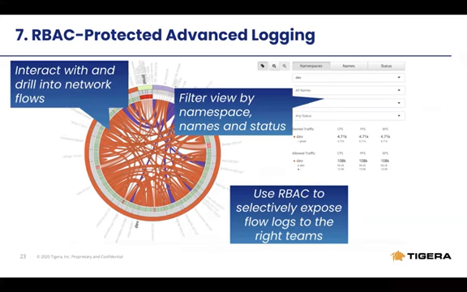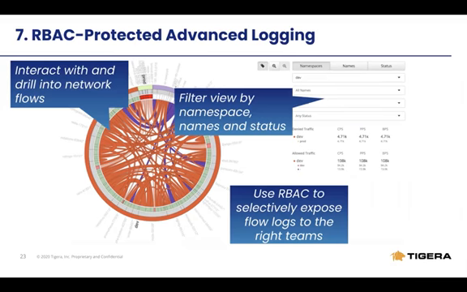So as an application owner or part of the tenant, if there is an issue with the application, and I want to understand the true reach of each of the services and how they interact with each other, or with other namespaces, or with other services internal to the cluster or external, this tool can truly help with that. But not only that, we provide RBAC-protected advanced logging, so you can provide Calico Enterprise access to each of the tenants, and they're protected by RBAC, so they can only see what their namespace or namespaces allow them to, and only that.